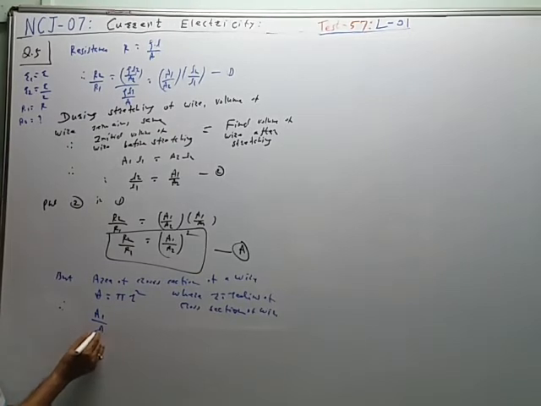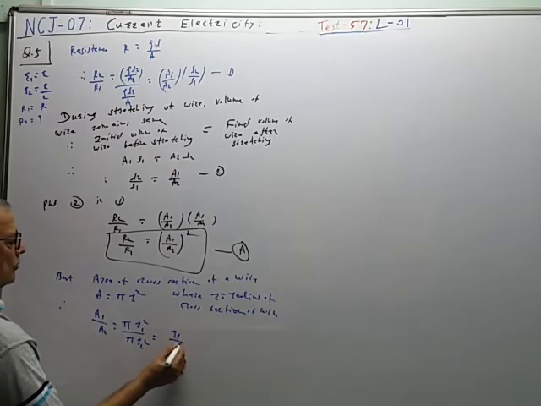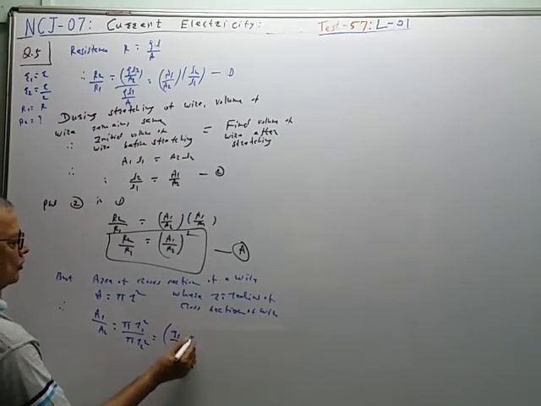Therefore, A1 upon A2 is equal to pi r1 square upon pi r2 square, so that is equal to r1 upon r2 whole bracket square.